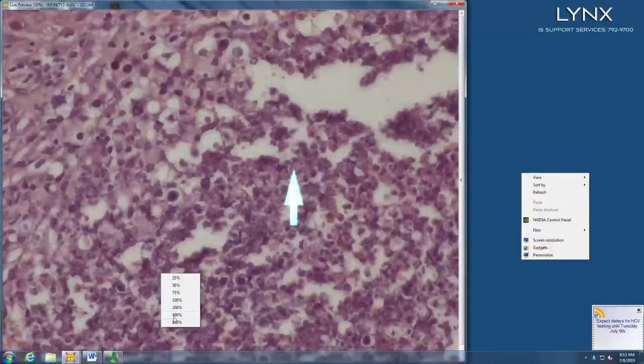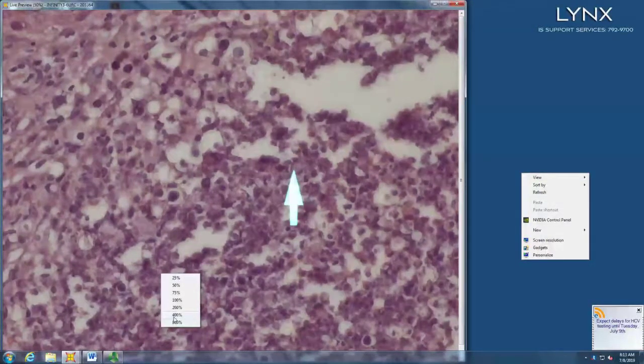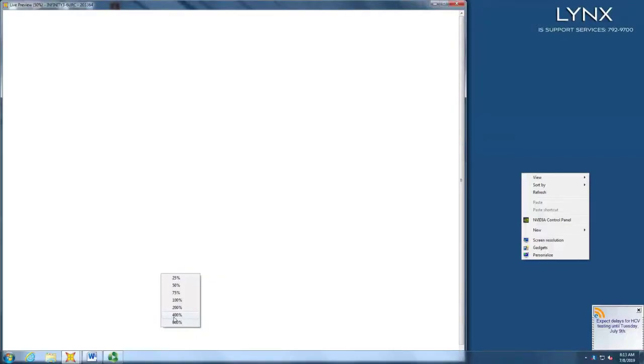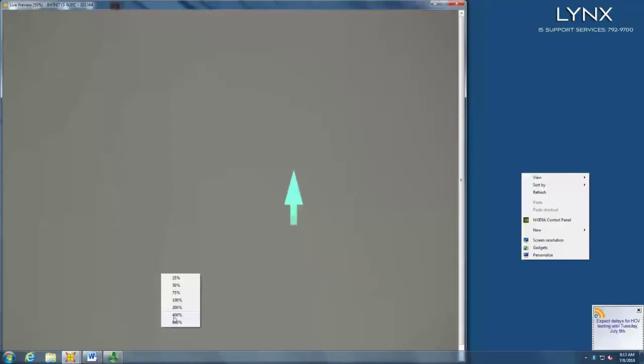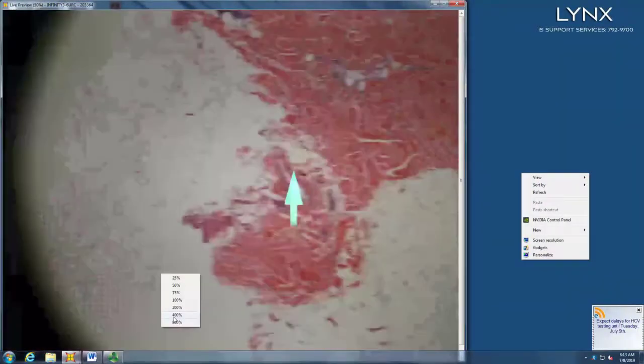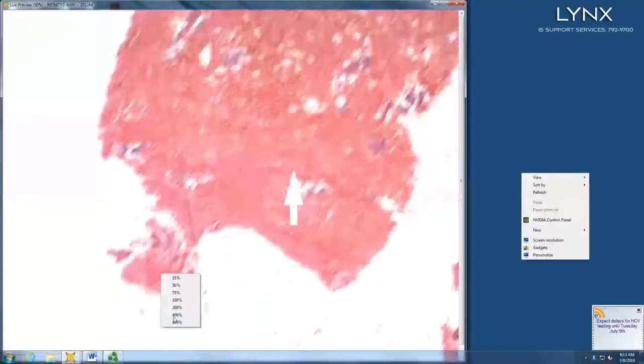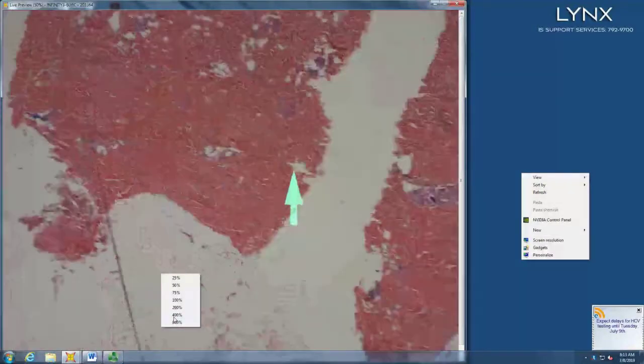Most fungi do not, but Prototheca really does. So that can be a cheap way to get to the diagnosis if you don't have Prototheca antibody or it's not growing yet in culture, especially if you're not sure.